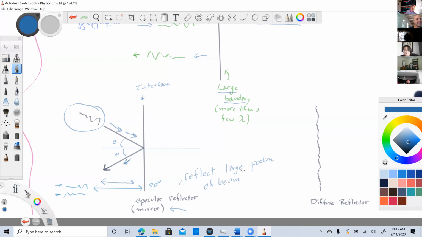This is getting a little ahead of ourselves, but you can imagine a beam coming down at this angle, and then it's going to reflect off at the same angle. I don't know how well you can see this, I should have used a brighter color.